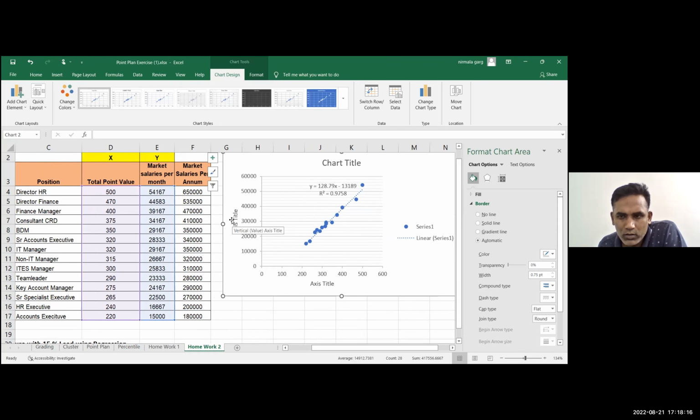Y salary is equal to 128.79, you round it off to 129, multiplied by the point value, minus 13,189. Okay, you have this data. Can you do it individually so that you are more comfortable and I can take up any challenges you have, if any?